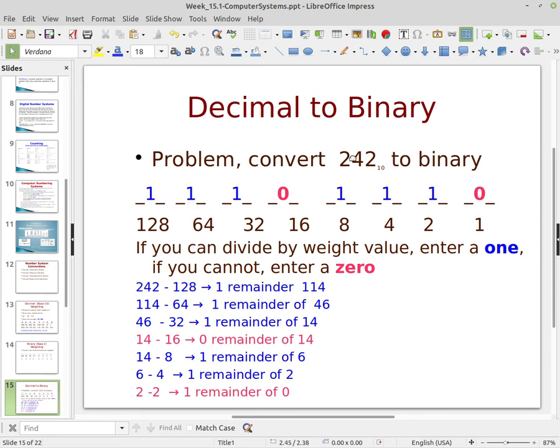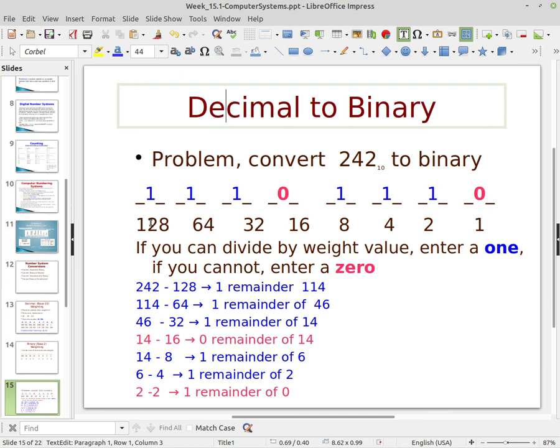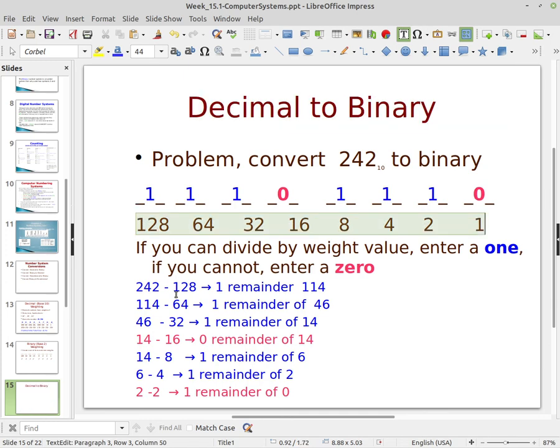All right, and so my number here is only 242, so I don't need the 256th column. But when you're converting from decimal to binary, you want to find the highest number that you need. And then what you do is you subtract it off. So my number is 242. So I'm going to take the highest of these, 128, and I'm going to subtract 128 from my 242.